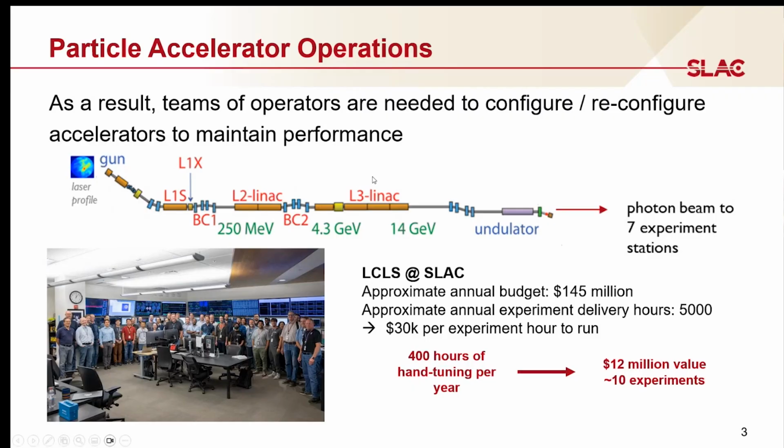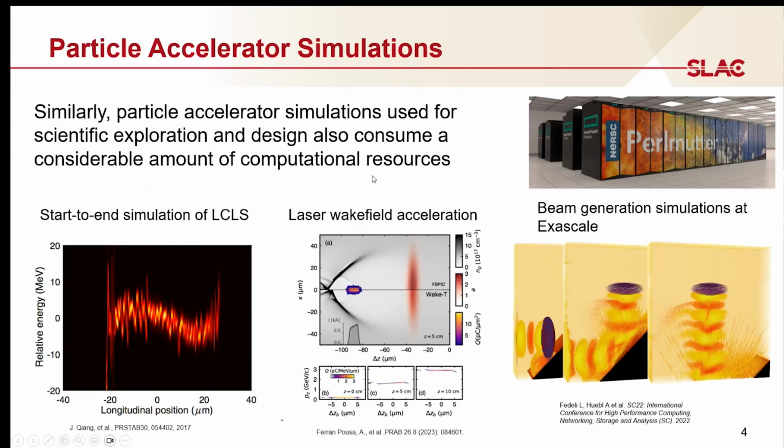Similarly, in physics we also do beam dynamics simulations of the physical processes that happen inside of our accelerators for electron beam transport and generation. All of these simulations are fairly computationally intensive, and so they potentially use tens to hundreds of node hours on high performance computing clusters, such as Perlmutter at NERSC.